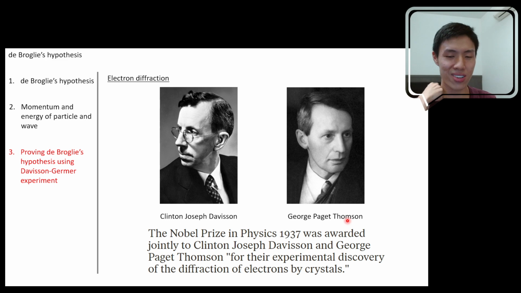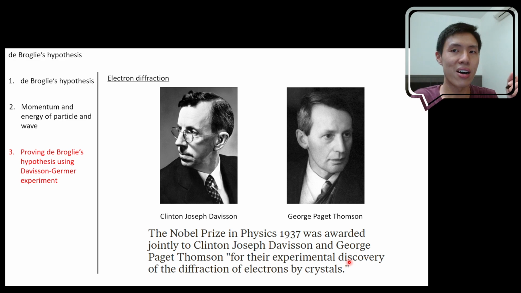That Nobel Prize in Physics in 1937 was awarded jointly to Davisson and Thomson for their experimental discovery of diffraction of electrons by crystals. So the idea is electron diffraction. That's the discovery they managed to make, and it is a joint award, but they did the experiment independently, without being aware of each other's presence.